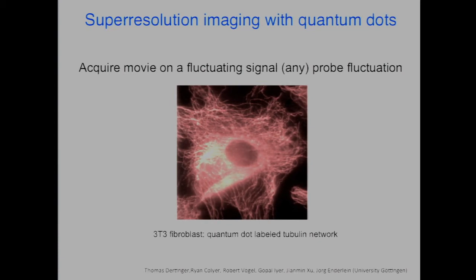So we are no longer looking at a live cell. This is a fixed cell. And the concentration of quantum dots that we use to label the cytoskeleton, the microtubules, is very, very high compared to the single molecule regime that I've shown you before, where we have very, very few quantum dots in the field of view. So here the microtubule network is labeled with quantum dots, and you can actually see the blinking of those quantum dots.